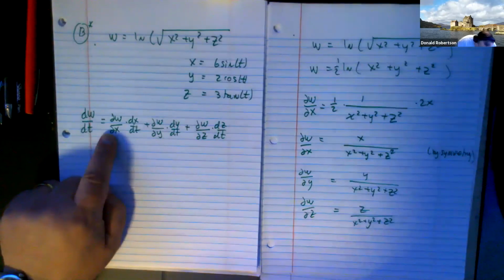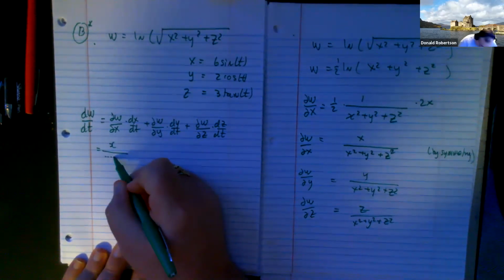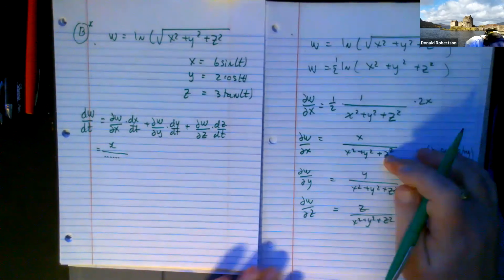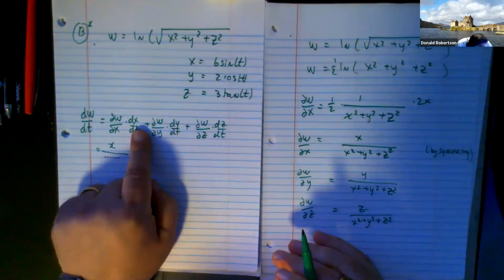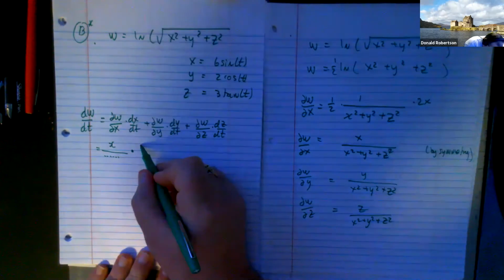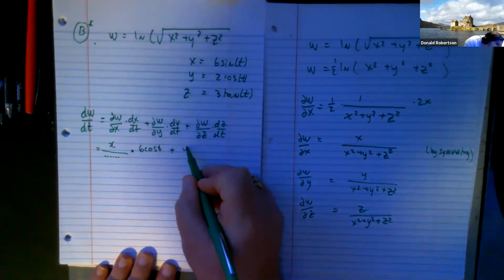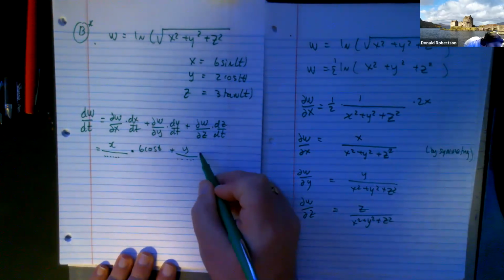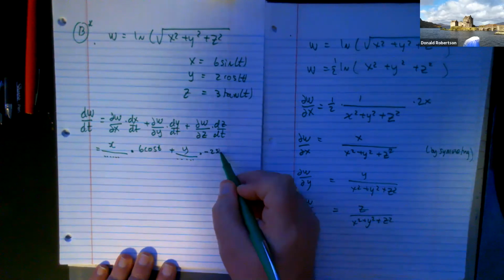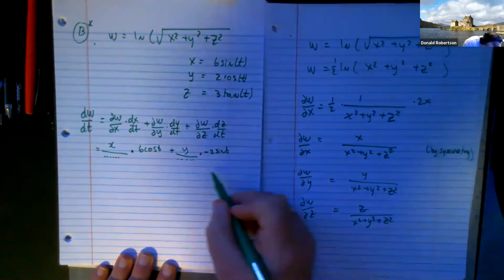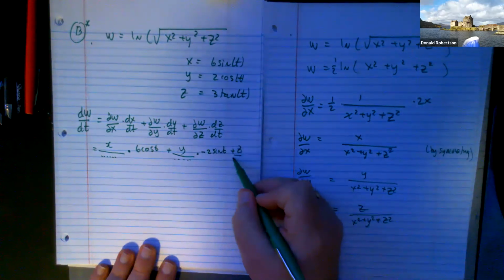If you do this guy's derivative, he's x over, I'm just going to go dot, dot, dot, so I don't have to write all this again. Multiplied by the derivative of this with respect to t. So what's that going to get me? 6 cosine t's. Plus y over dot, dot, dot. And the derivative of this is -2 sine t. Plus z over dot, dot, dot.